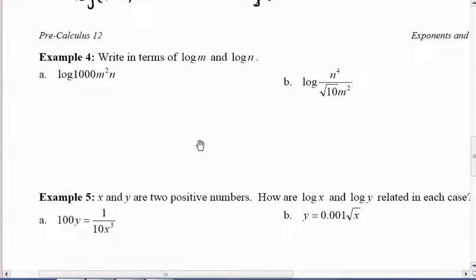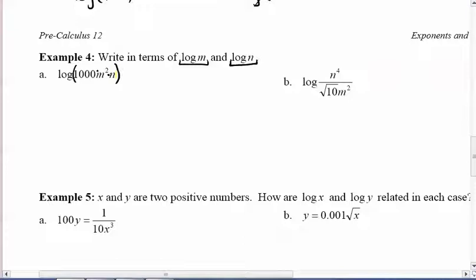Example 4 is a common multiple choice question. This is working backwards. We have one very complicated log. We want to break this up into many different logs that are all just based on log m and log n. Inside of this log we've got 1000 times m squared times n.